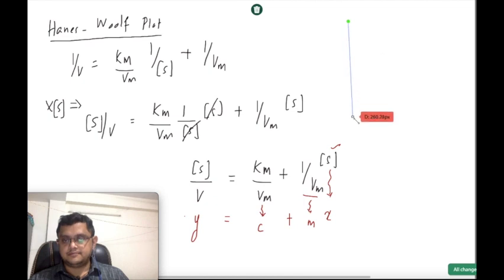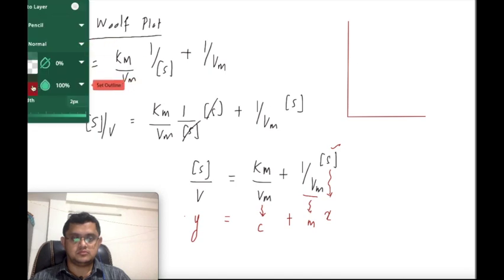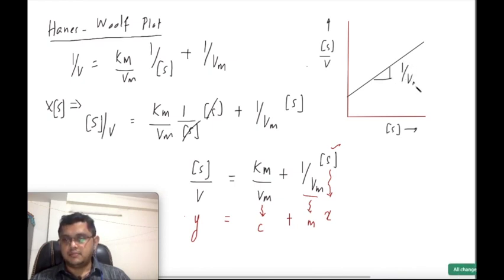If I draw the graph, the graph again is a straight line, and your y-axis is going to be S by V. Your x-axis is going to be simply S. So the slope of this line is going to be 1 by Vm, and the x-intercept is going to be Km by Vm.